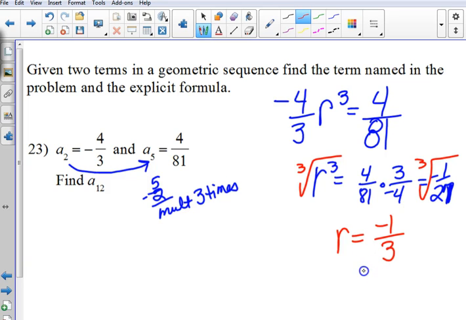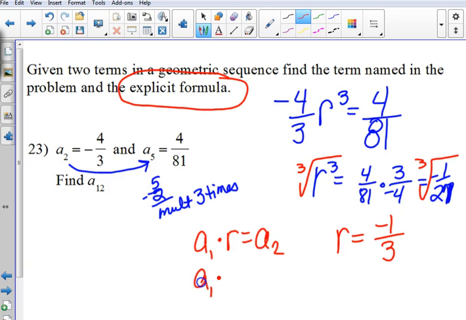Now what? I need the first term. So the first term times some ratio gave me the second term, right? So that meant the first term times negative 1/3 gave me negative 4/3.